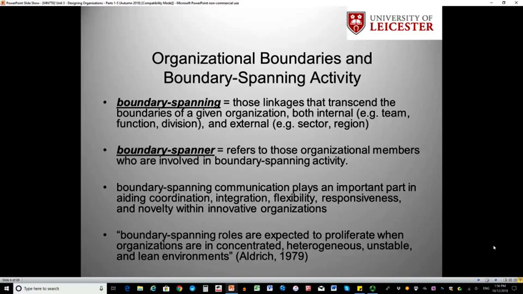So boundary spanning is an absolutely fundamental concept to the innovation process, because it is about us not just coordinating and integrating activities across the organisation that might be associated with delivering an innovation from idea through to commercialisation or into use.